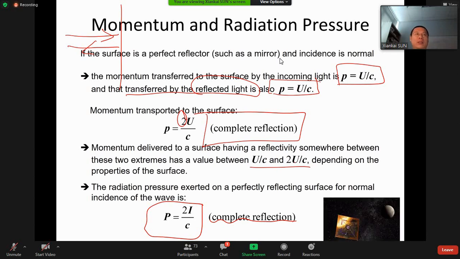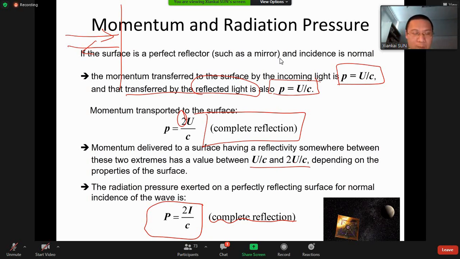Some scientists have proposed that we can use the radiation of sunlight as a booster for solar travel or space travel.